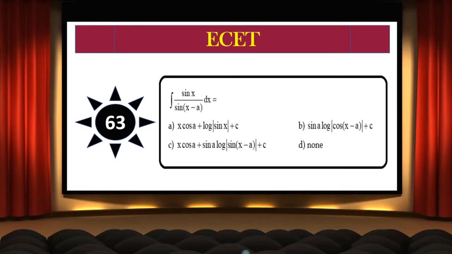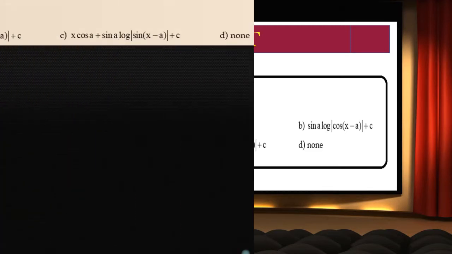Dear students, see the question number 63. Read the question and write it. The question is integral sin x divided by sin of (x minus a) dx is equals to. Let us find this.